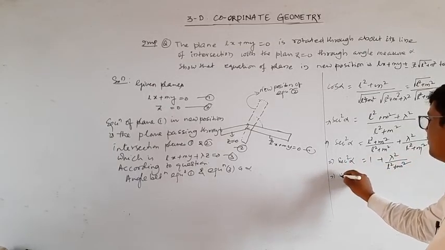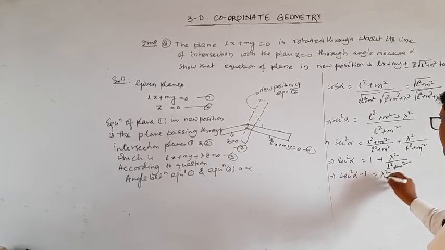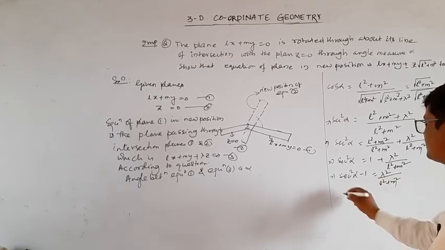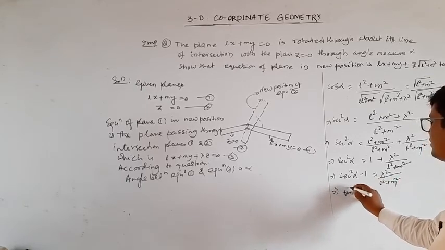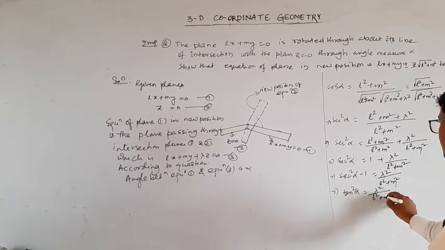So sec square alpha minus 1 is equal to lambda square by L square plus M square. So this is tan square alpha. Tan square alpha is equal to lambda square by L square plus M square.